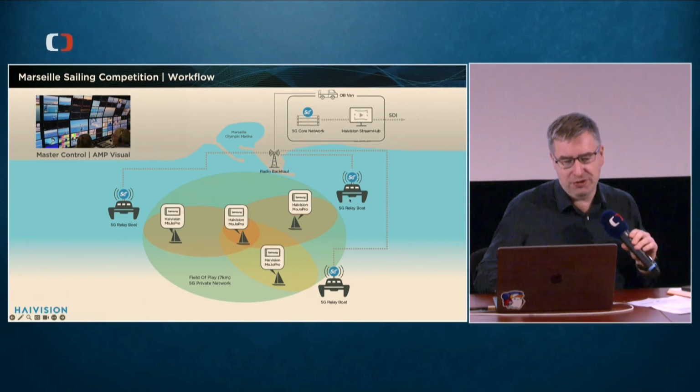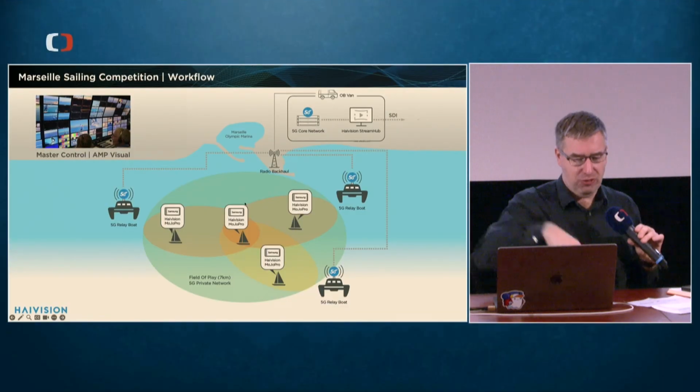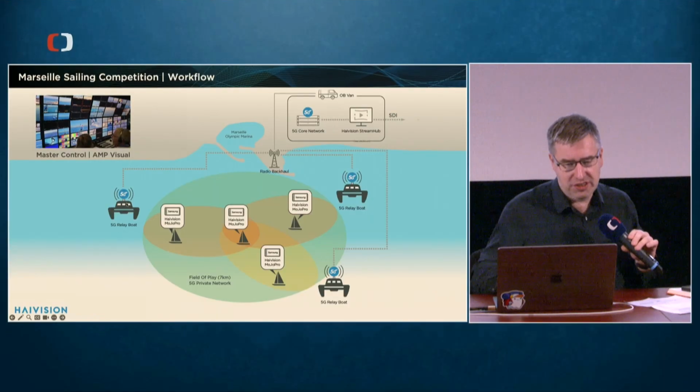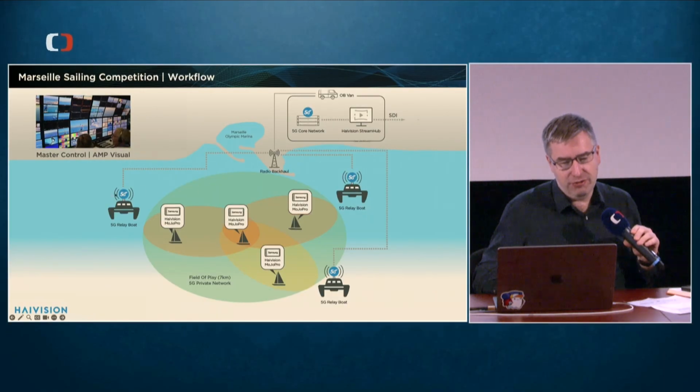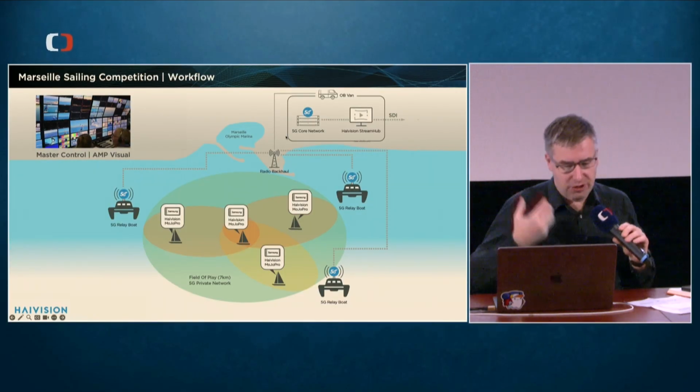It was based on 3 different catamarans creating the bubble. And then the catamarans had their own radio backhaul in high frequency to the shore. And from there to the 5G core, and then to the actual stream hubs with the decoders.